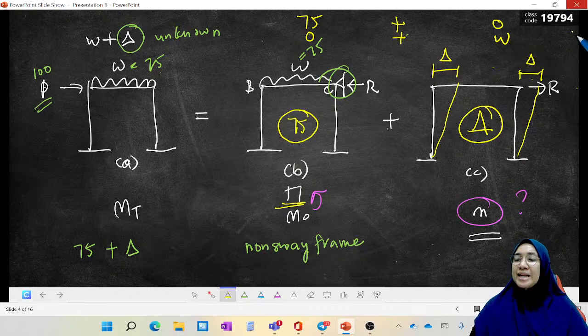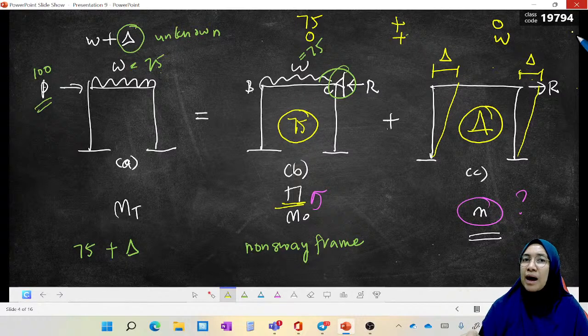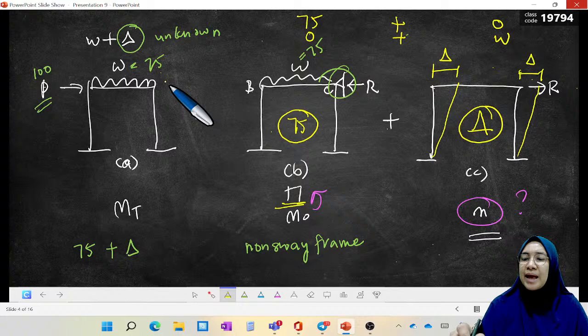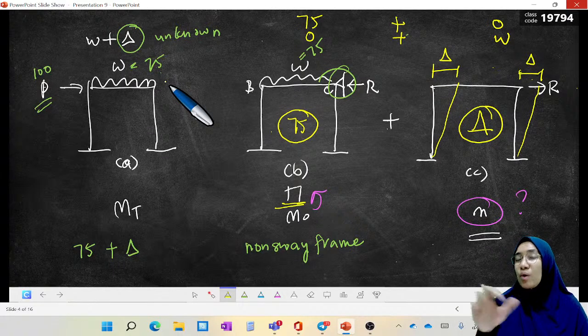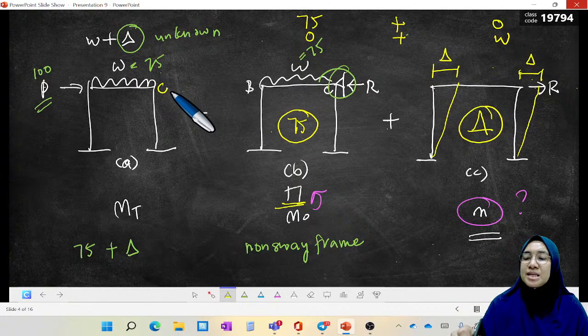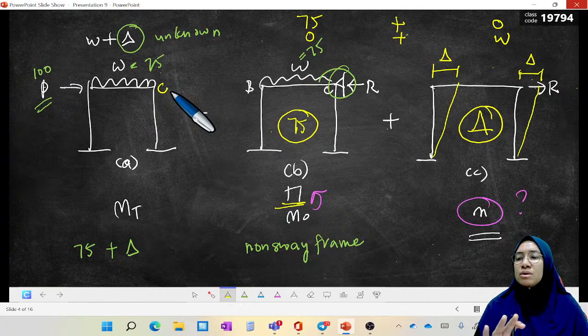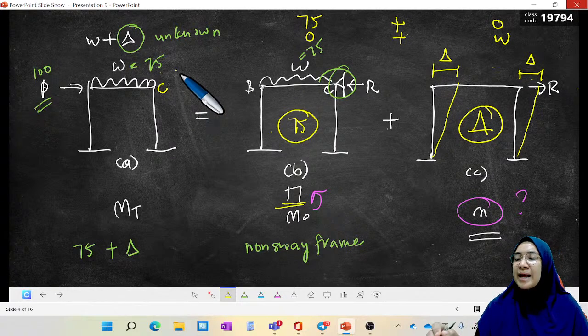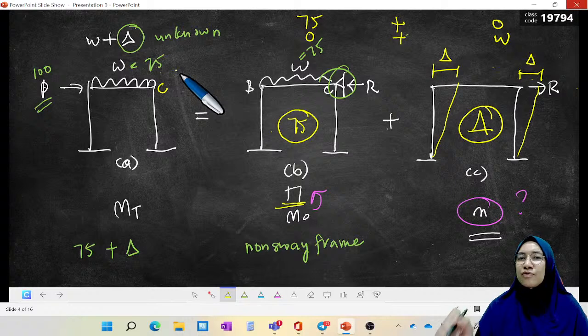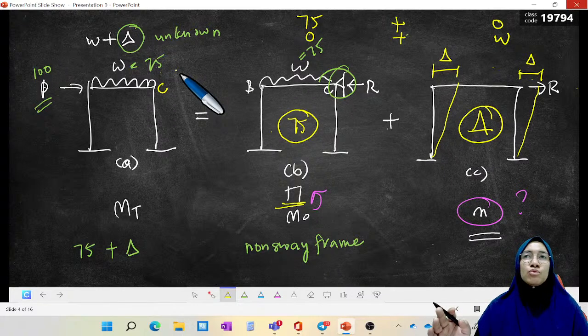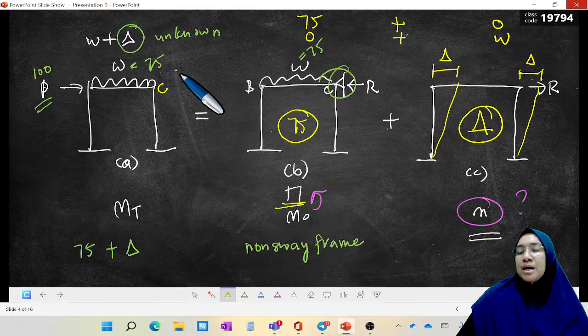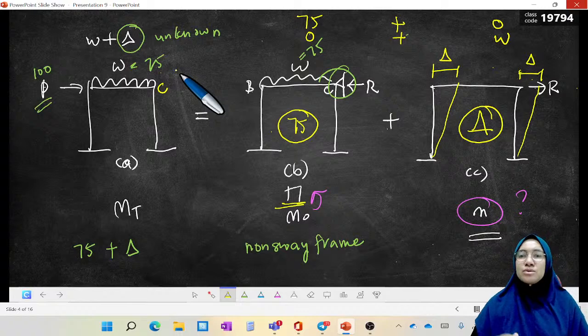And in addition to that, we have negative R plus R to neutralize back. At the original frame at C, it is actually just a rigid joint without any support. So negative R, which comes from the artificial pin support at C, has to be neutralized.